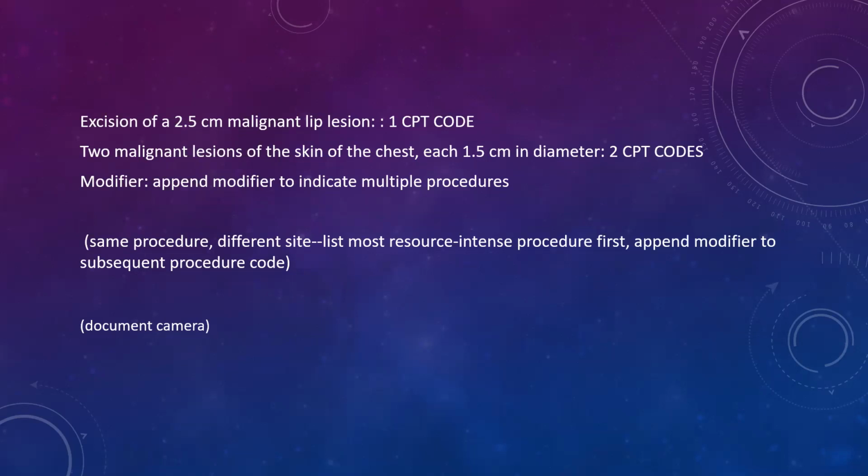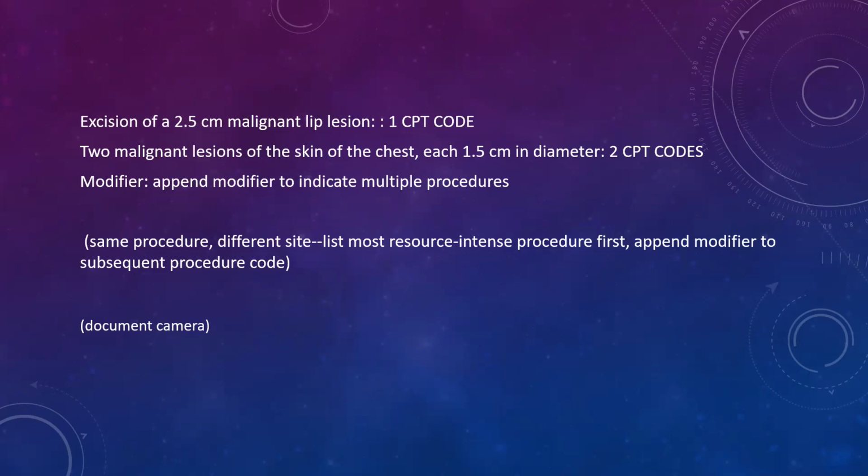Additionally, for this service, we are going to have a modifier. Now we'll show you how we find this modifier, but it is wise to add them whenever we are going to have multiple procedures done in the same surgery setting. Okay, we're doing 2 separate sites. They're not related. Yes, they're the same kind of service, but it's not one giant lesion going from the face to the chest.